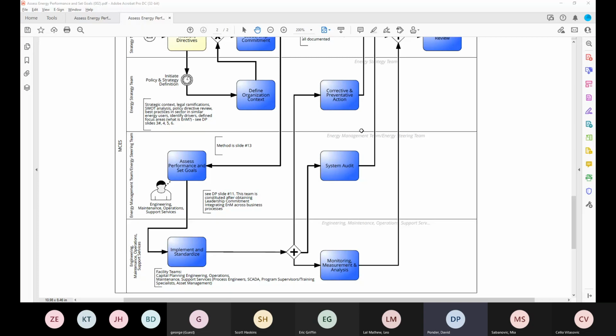So we want to develop some measure of an efficiency metric, essentially, to define the amount of work being done with that amount of energy, and be able to set some goals and targets around those performance metrics and to be able to monitor that over time.